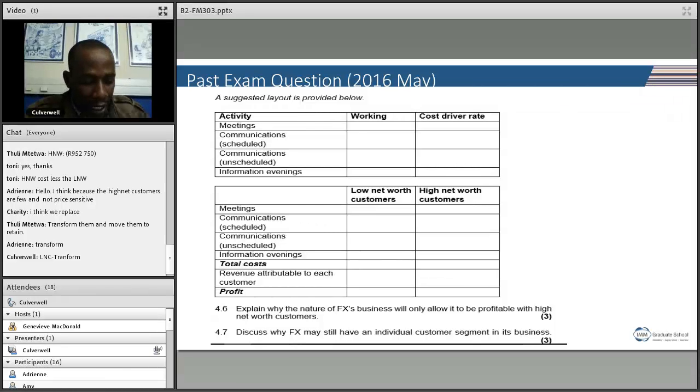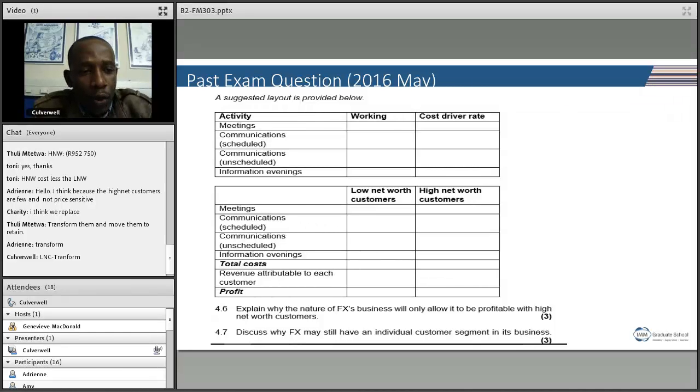So since we are targeting them and we are also making losses, the first thing is they're going to fall under the transform, and then secondly, the strategy is to transform them urgently. In actual fact, the first thing is to go and find out why we are making losses with them.